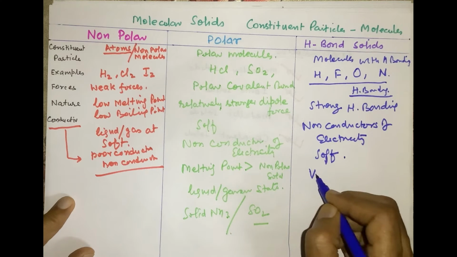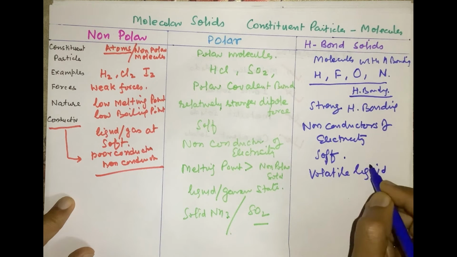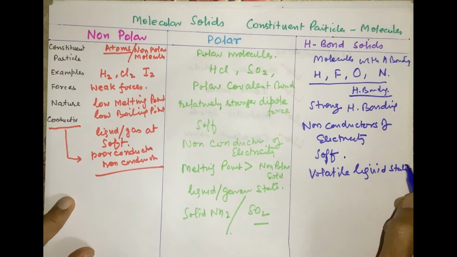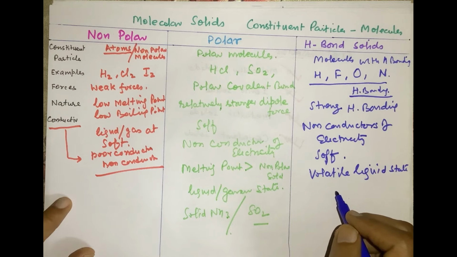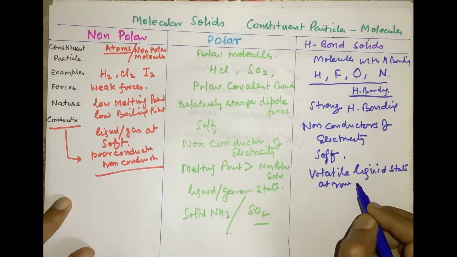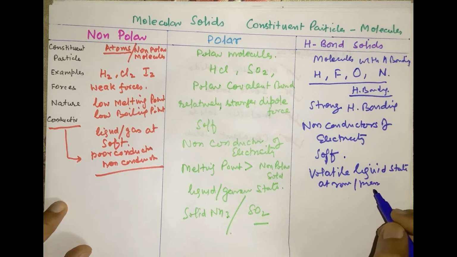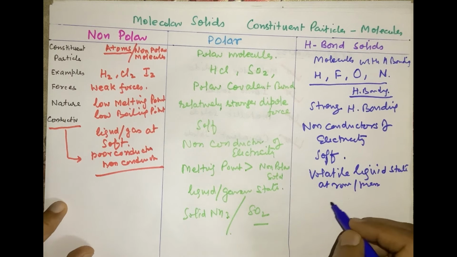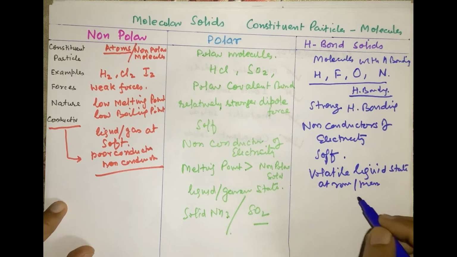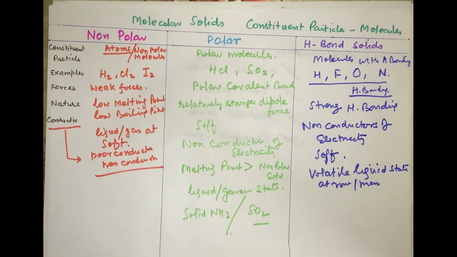And they are mostly volatile liquids at room temperature and pressure. If we decrease the temperature and pressure, they will solidify and will make hydrogen bonding solids. So these are the molecular solids, three types of molecular solids.